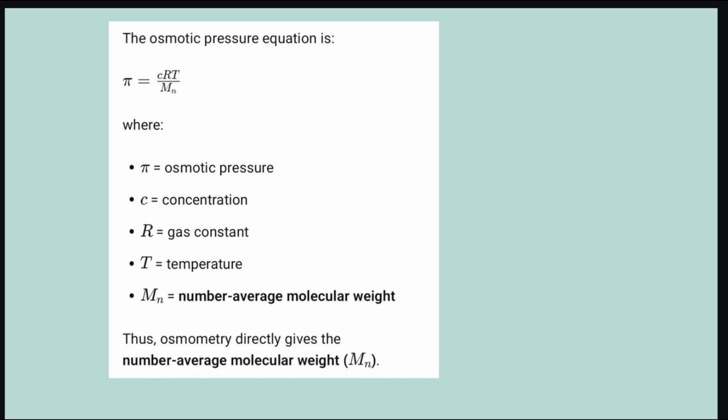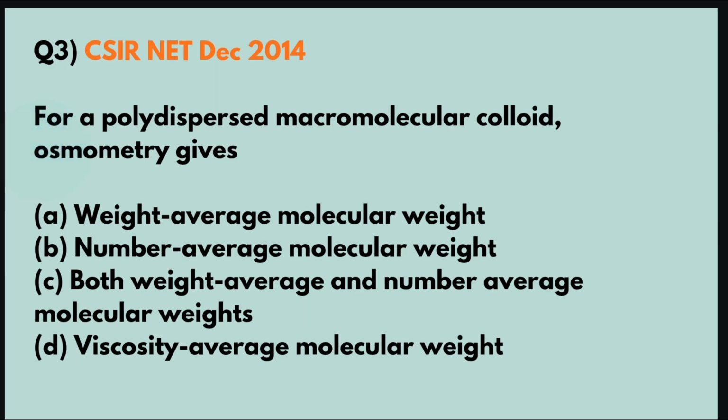The osmotic pressure equation is pi = CRT / Mn, where pi is the osmotic pressure, C is concentration, R is the gas constant, T is temperature, and Mn is the number average molecular weight. Thus, osmometry directly gives the number average molecular weight Mn. So the correct answer is option B, number average molecular weight.